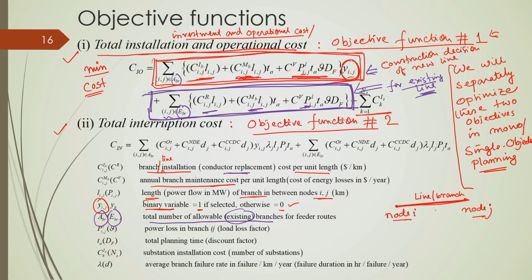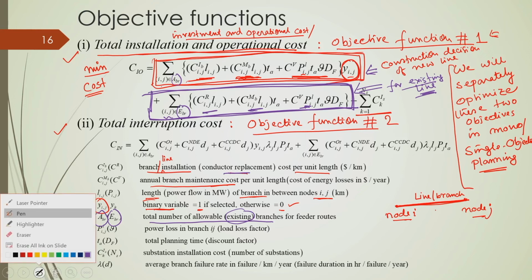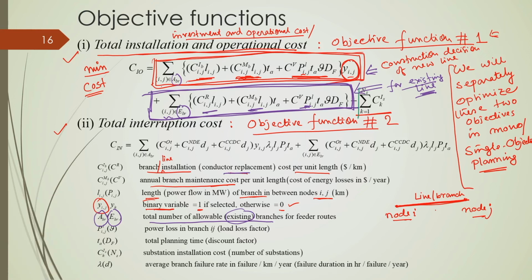And the third cost component, this CISK, stands for the substation installation cost. So, this is applicable for substation. As you know, a typical design of a distribution network consists of design of substation and design of different feeder branches or feeder lines.